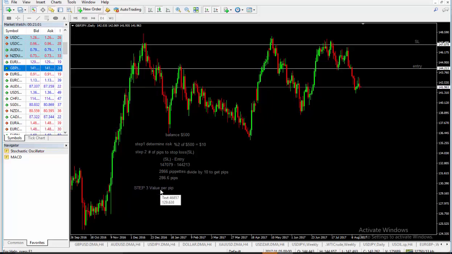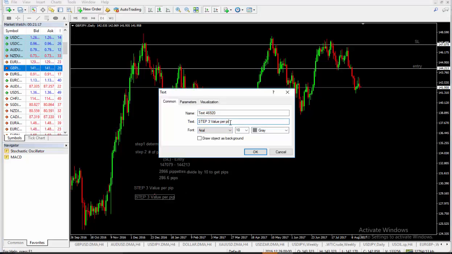So to determine the value per pip, remember how much we are risking. We are risking $10, right? So you will say $10 divided by number of pips.